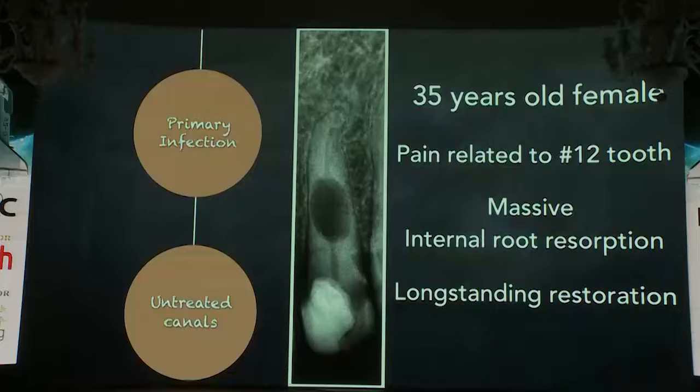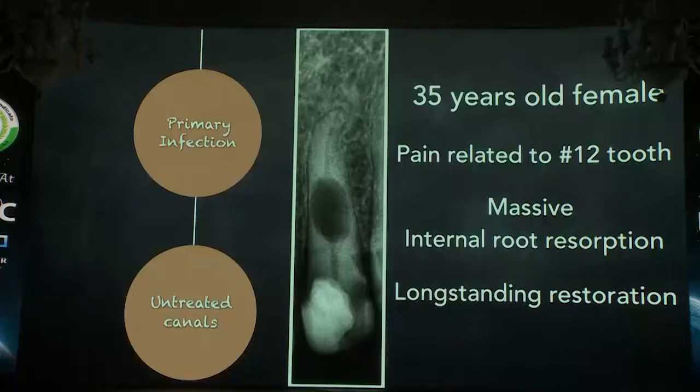This is an example of primary infection. In this case the previous dentist put a composite restoration directly on the pulp, and after about 1 or 2 years, the patient came back again. But after that, we found there is a huge internal resorption.